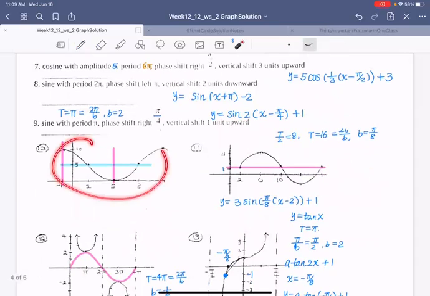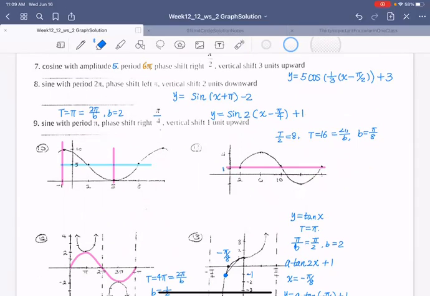Now, Julia, let's do number 10. Is that all right if I do cosine for number 10? Sure.